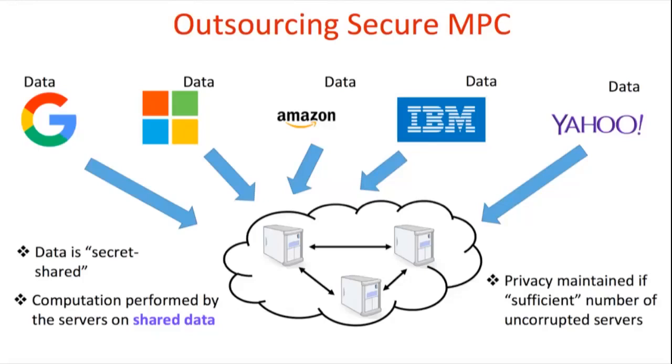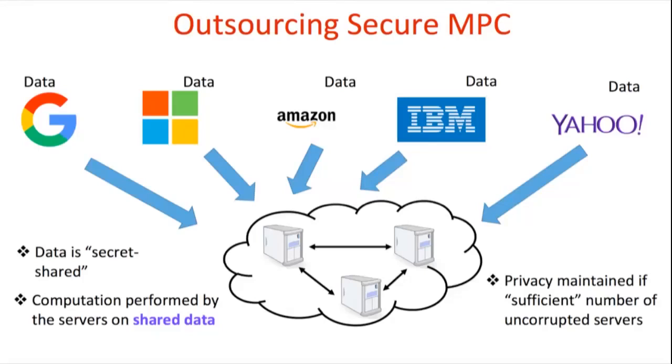But it turns out that this data is not going to belong to a single entity. So imagine a scenario where you have big tech giants, say Google, Microsoft, Amazon, IBM, Yahoo, each of which has its own enormous amount of data. And now together they would like to collaborate and run a machine learning application on the combined data spread across all the tech giants, right?